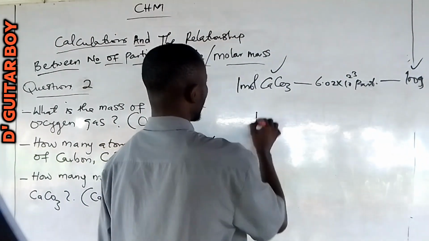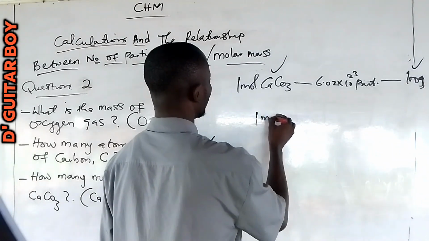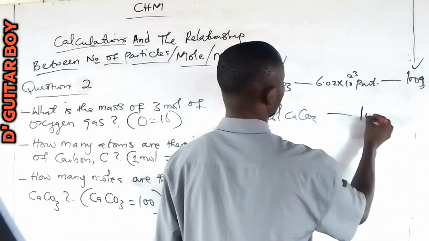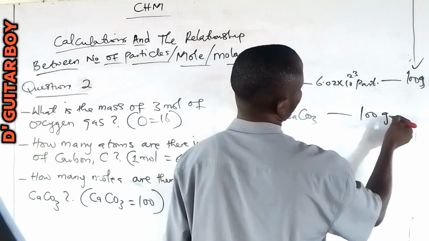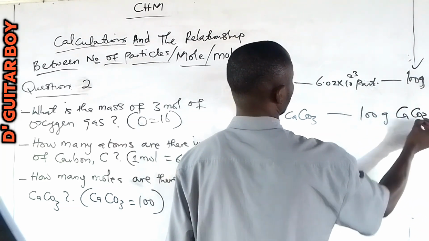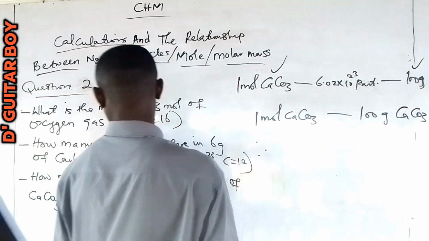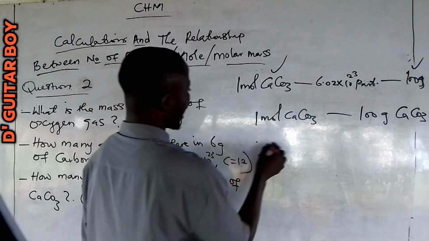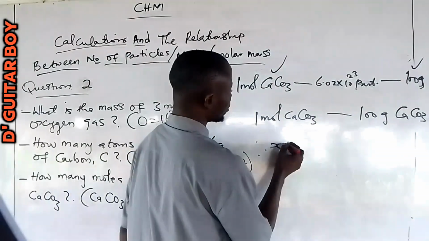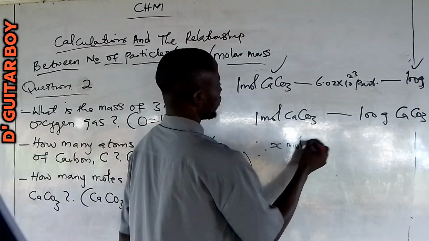So we now say if 1 mole of calcium carbonate gives us 100 grams of calcium carbonate, therefore they said how many moles? S mole, because we want to calculate the mole now. We don't know.